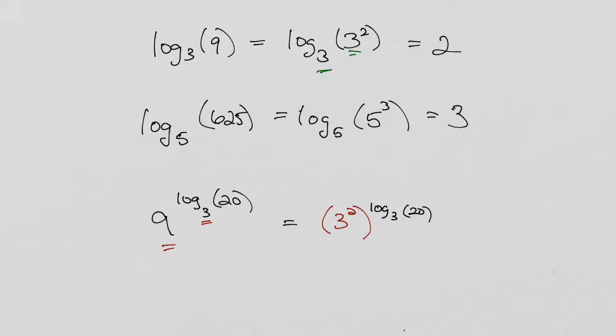Okay? And if you remember your properties of exponents, if you have a power raised to a power like that, remember you multiply those together. So this is going to equal 3 raised to the 2 times log base 3 of 20.